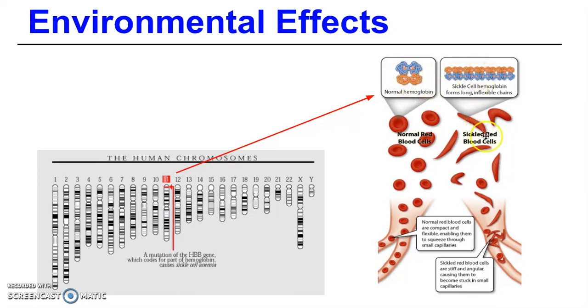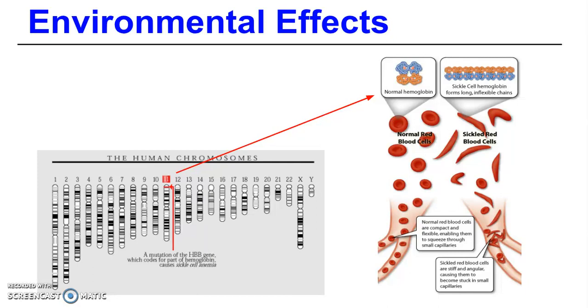And when you have a mutated beta globin, you get funny shaped red blood cells because of the way the proteins crystallize together, and in low oxygen environments, the red blood cell kind of sucks in to one side. And in some environments, this mutation would be selected for. It would be an advantage. Okay, but that's another conversation.